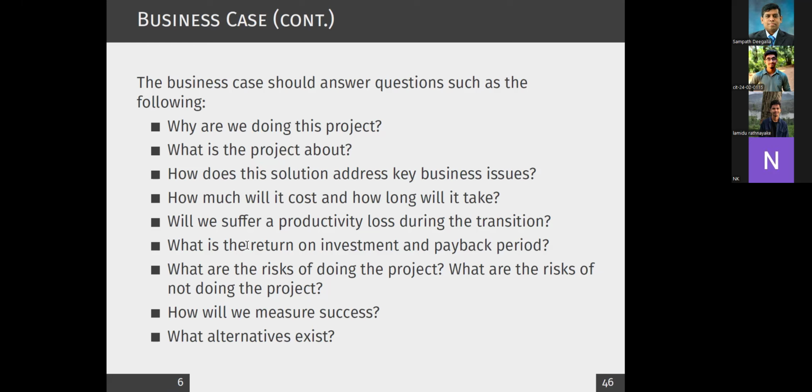What is the project? How does the solution address the key business issues? Now the solution is we are developing an information system. How does the information system address these issues? Fourth one, what is the cost? Because when you're developing an information system, it takes time. You have to pay for the developers, the architect, the testers and so on. How long will it take? The time it takes to finish the project.